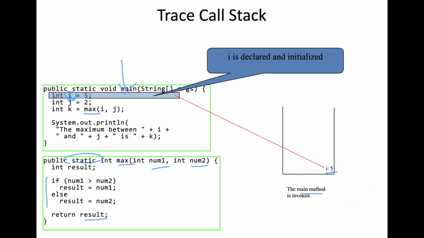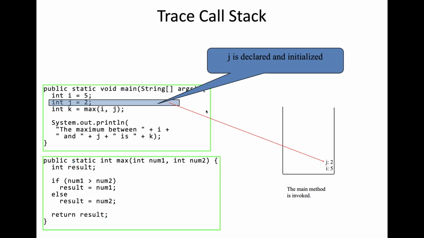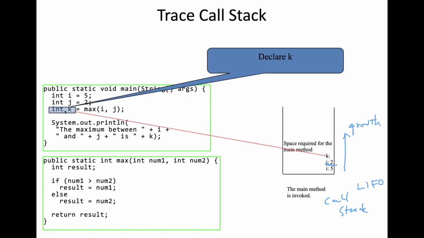Let's look at the next frame. Now that we have j equals 2, remember a call stack is last in, first out. j is stored after i in this fashion, so our call stack actually grows vertically up. Let's look at the next frame. Now that we have k, remember k stores the return value of the max method.